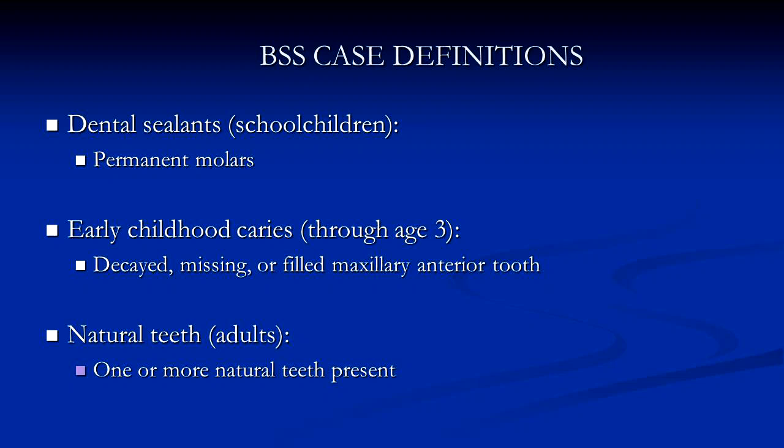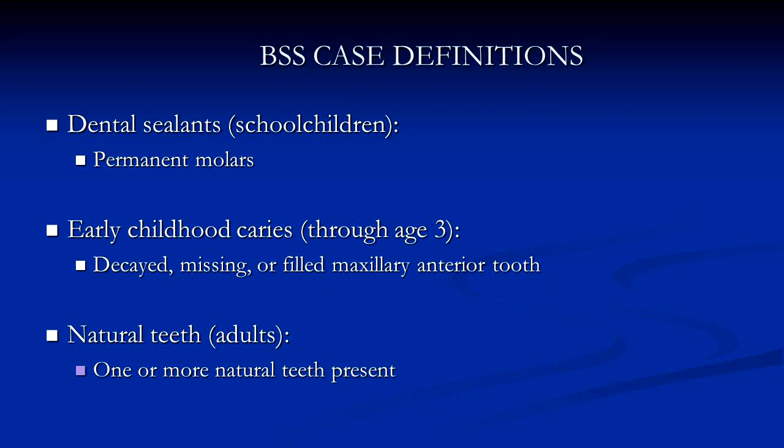But you're basically looking at the 6 anterior teeth and seeing if they have a decayed tooth or a missing tooth or a filled tooth due to caries. That's the older definition of early childhood caries, but you can modify that case definition to include the new definition from the American Academy of Pediatric Dentistry.